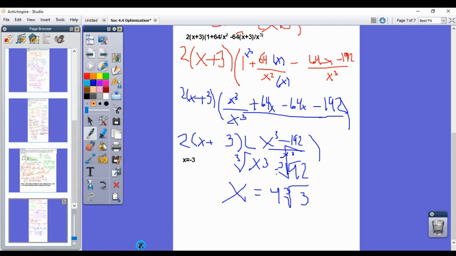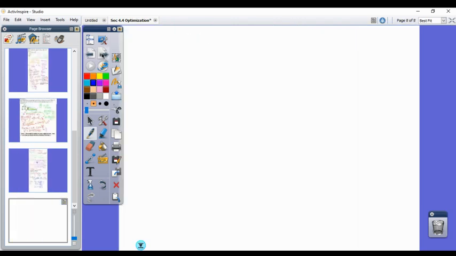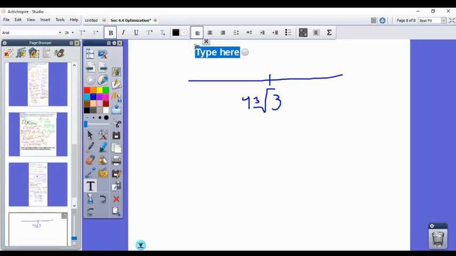Now we're going to perform a test. Let me get another page. We have our number line and we have 4 cube root 3. We need to pick a number smaller than that, so I'm going to pick 5 for my test point, and for greater than that, I'm going to pick 20.